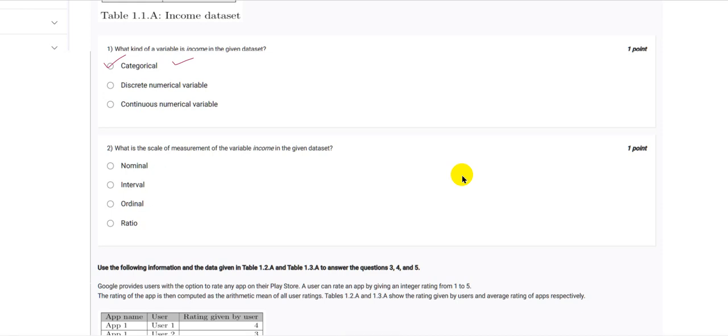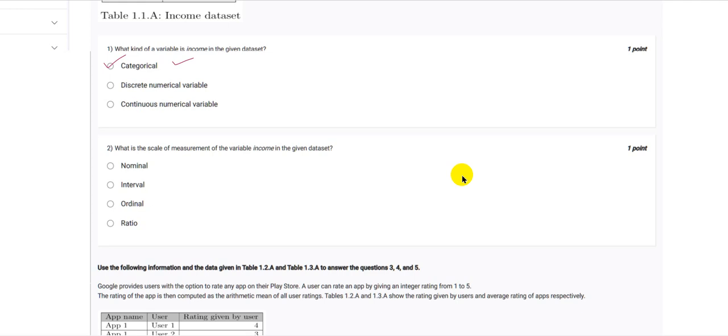Okay, now what is ordinal? Ordinal is a name category which has order, like in this income category, there is poor, middle class, rich. It is in an order. So in the ordinal category, order is present, right? And in the ratio, there is an absolute zero, and we can perform multiplication or division here.